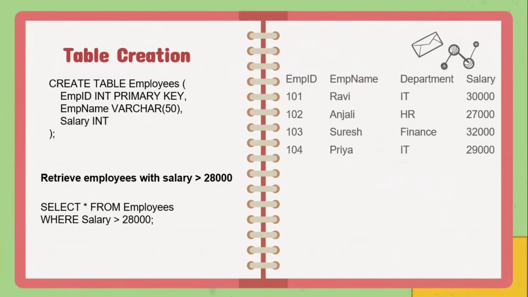So here we will see how to create a table. For example, suppose I want to create this type of table. The first column is employee ID, and this employee ID is unique for each and every employee, so we can easily declare it as a primary key. Basically the syntax is create table, then the table name. In my case, the table name is employees. And I will declare each and every column.